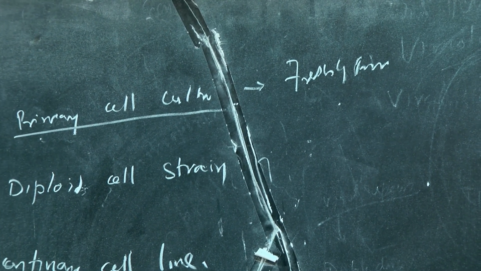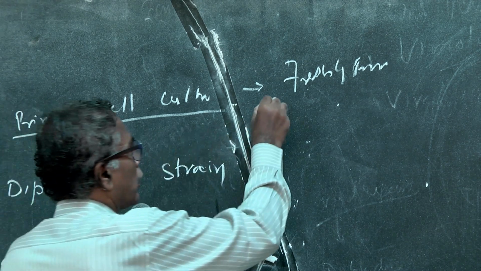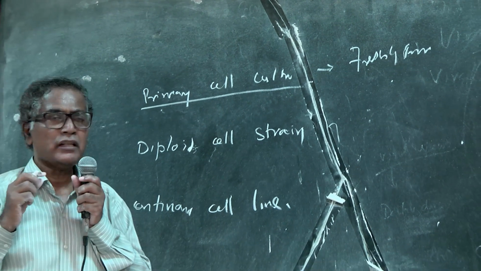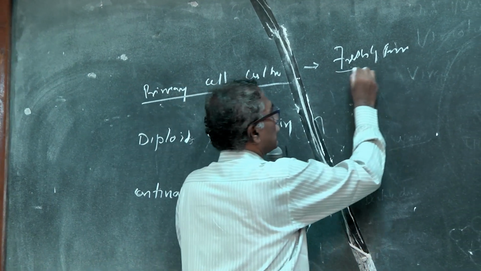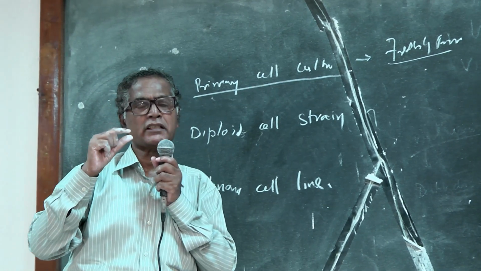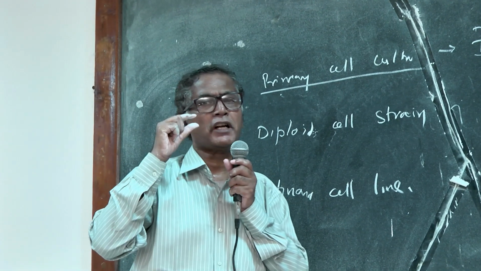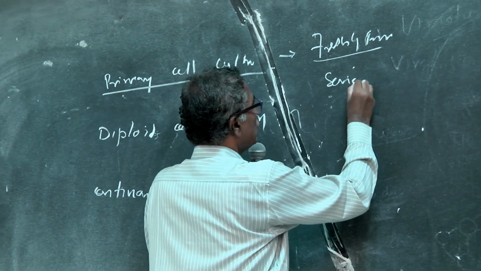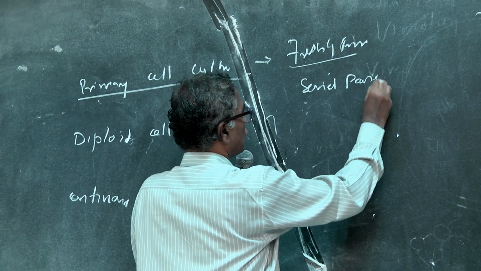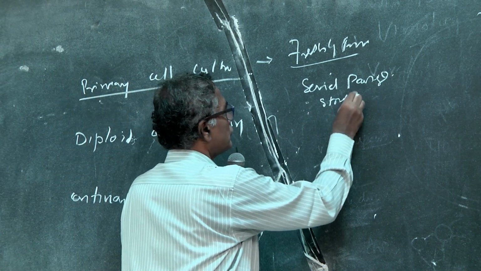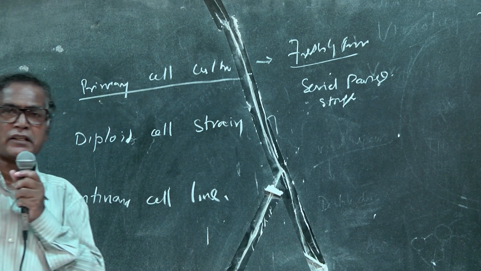These freshly isolated cells allow maintenance or growth only for a short period of time. It does not allow serial passage. It is not useful for storage. It is only for the primary isolation.